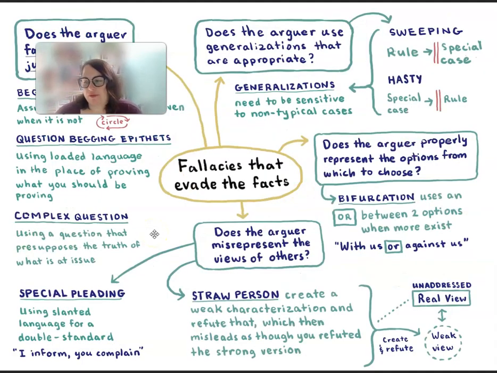This unit map covers chapters 18 and 19, even though it has evading the facts in the middle. Basically, what we have here are all of the overview or bullet points of each one of these fallacies that you want to keep in mind.